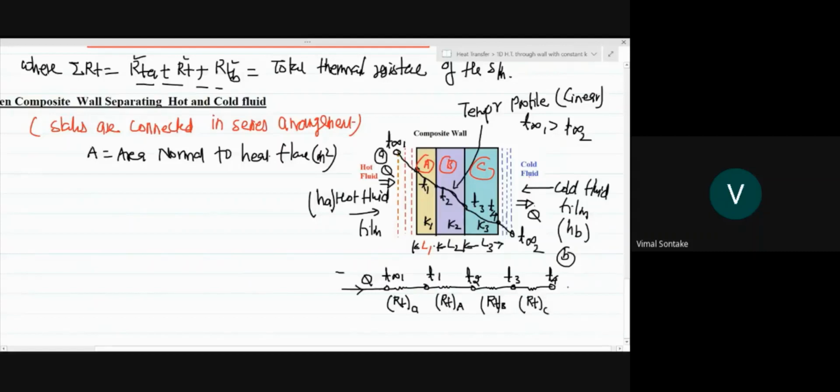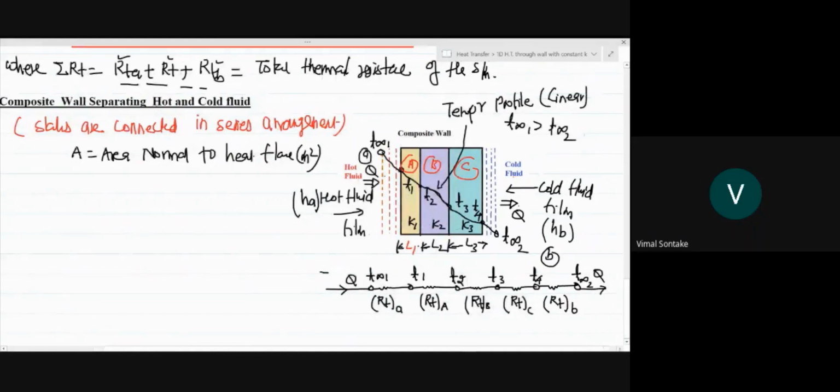And finally, the temperature difference between the right hand side face of the wall C and the cold fluid T infinity 2 will offer thermal resistance by convection represented by RTB, and finally the heat transfer rate will come out. So this is the equivalent electrical circuit for heat transfer rate through this composite wall separating hot and cold fluid.